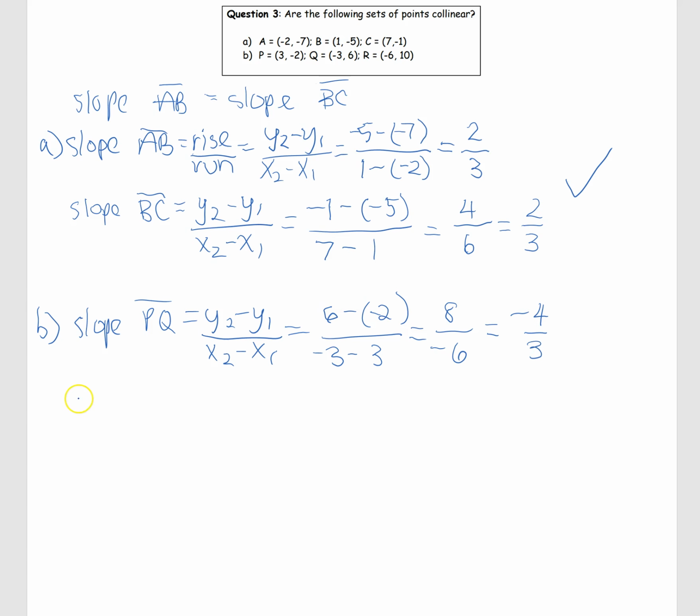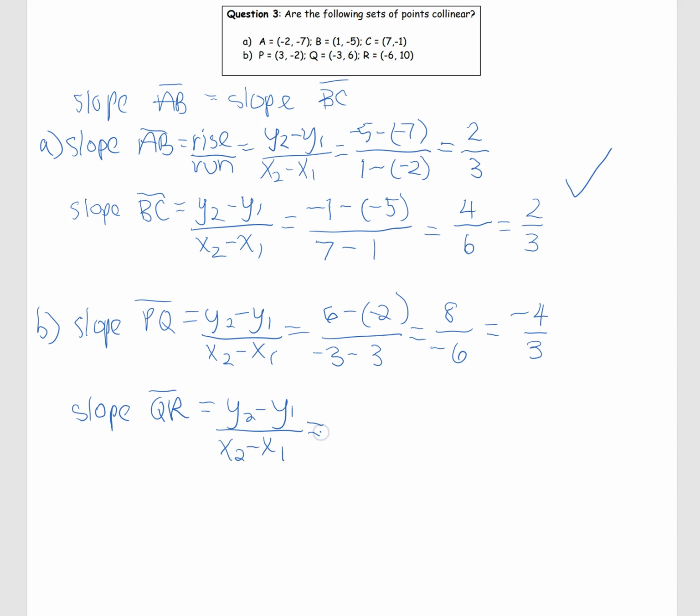All right, so let's check our slope of line segment QR. y2 minus y1, x2 minus x1.